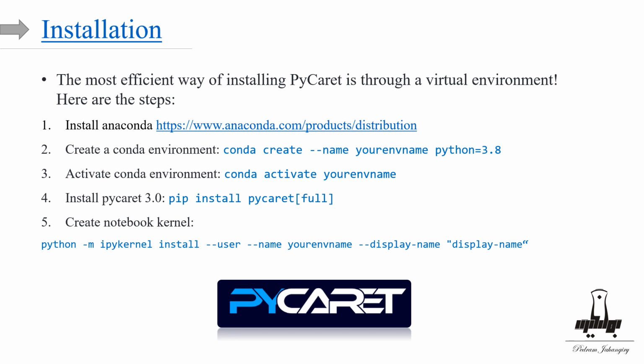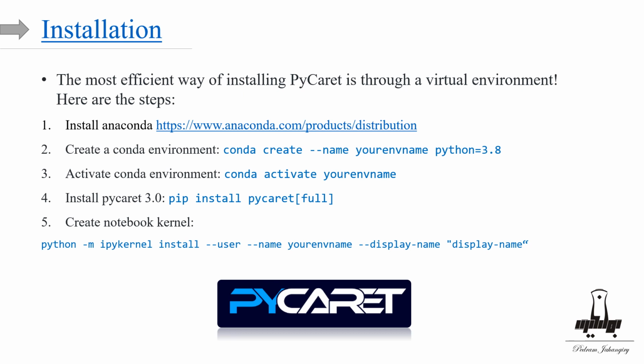Go ahead and install Anaconda, create an environment, you can call it pycaret, activate that environment, and just run this line of code, pip install pycaret. The difference between pycaret and pycaret full is that pycaret alone is a lighter version, so some of the underlying models and dependencies, like XGBoost, are not going to be installed. If you use the bracket full option, it's going to install everything.